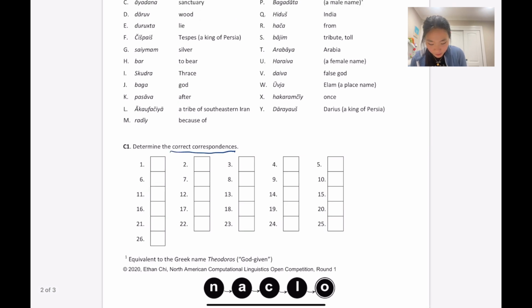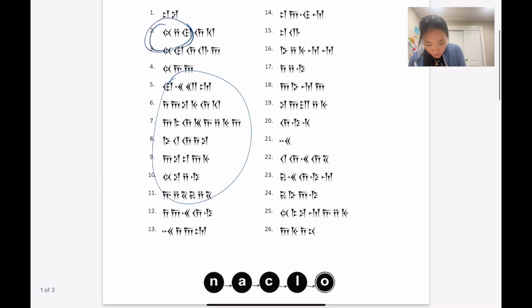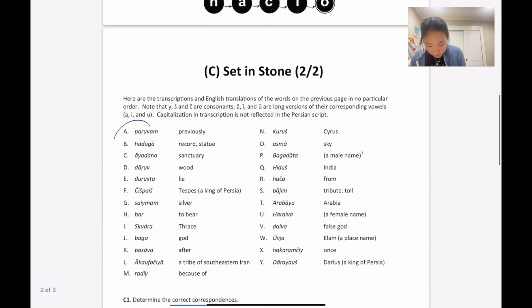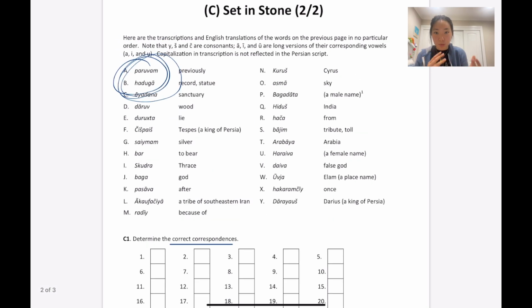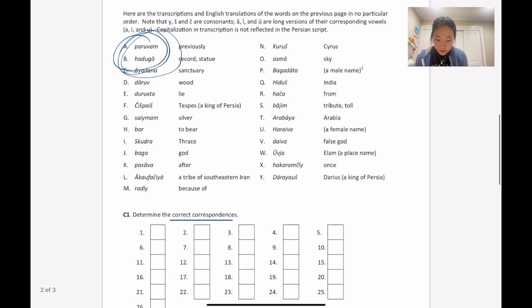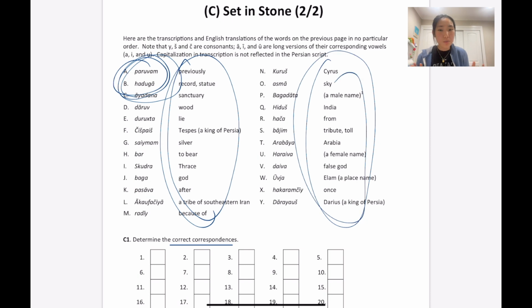It says determine the correct correspondences. So it wants us to look at the symbols and match them with the Romanized versions. For the most part, this translation side is probably not going to be super helpful, because when we translate something into English, the syllables, the word count, the character count, everything changes. And so that isn't really relevant at this point.